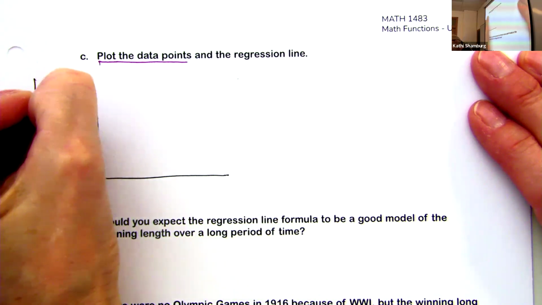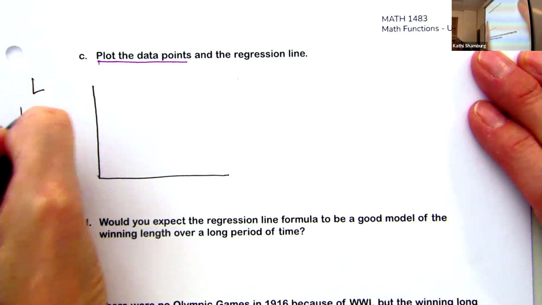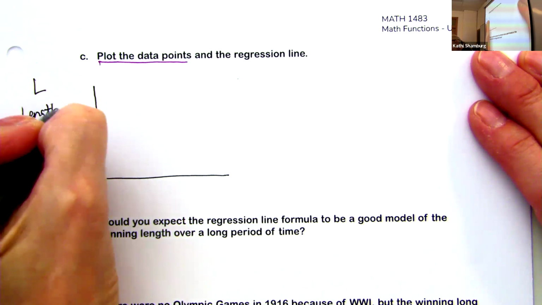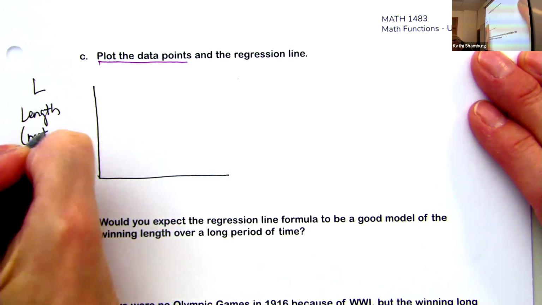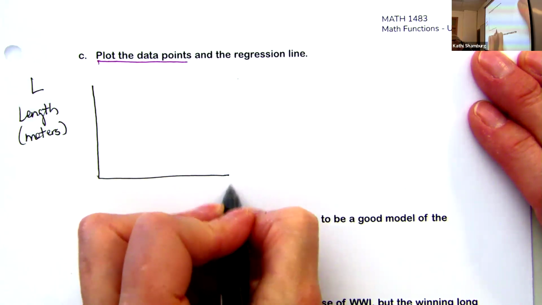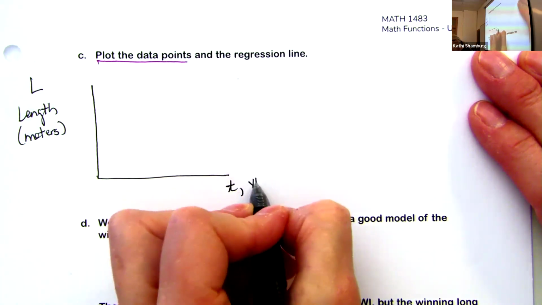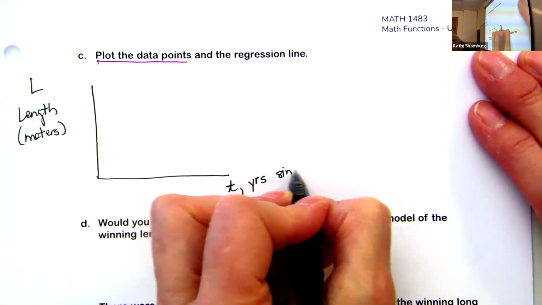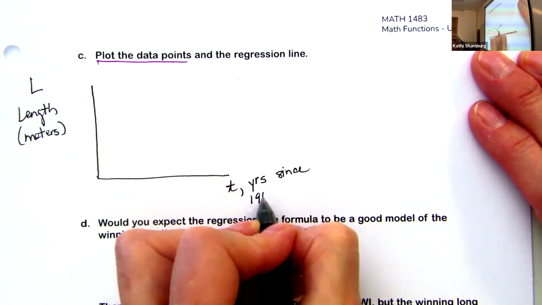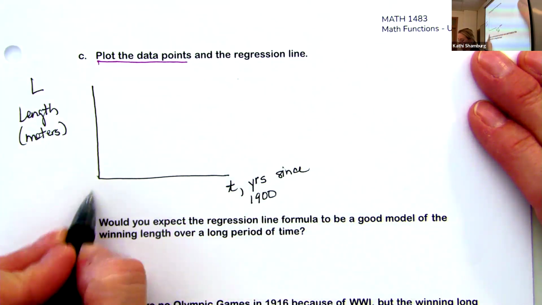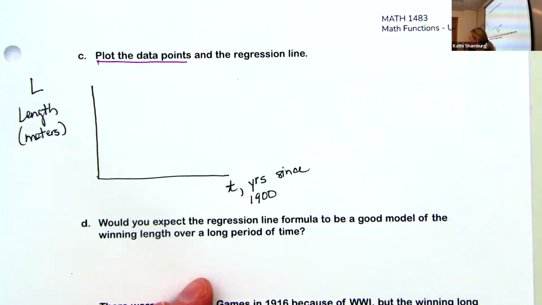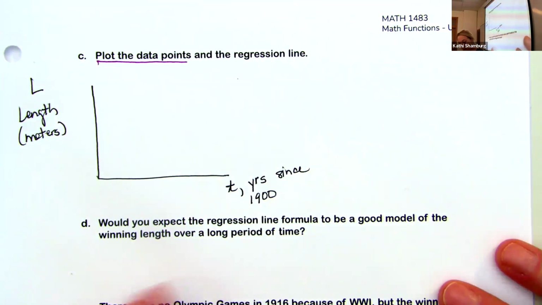Let's see, this was L, which was the length in meters. And this is T, years since 1900. So I know when zero's here, that is the year 1900, okay?